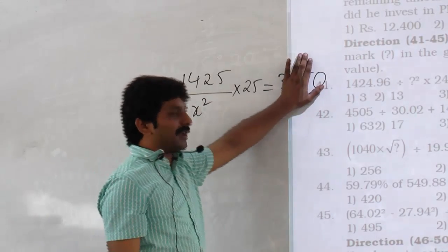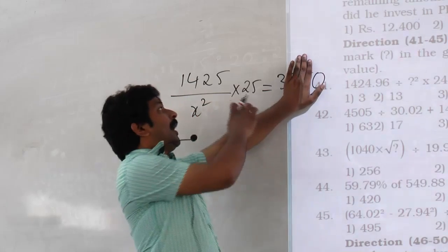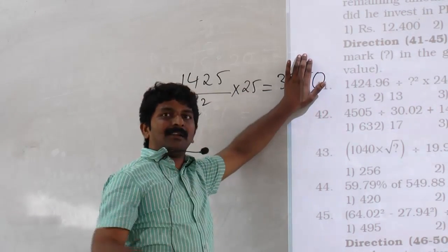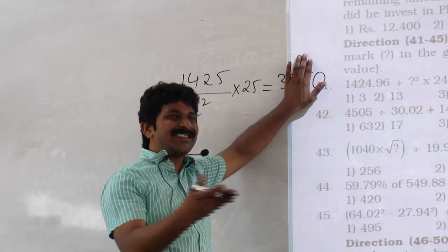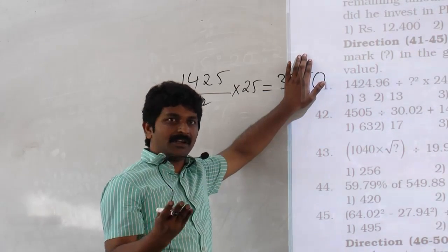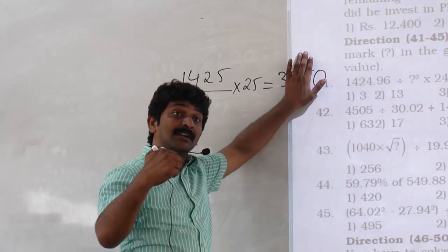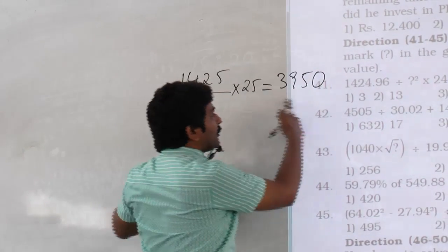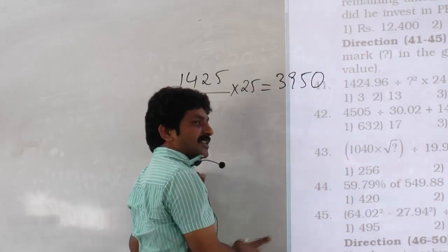For time being, let's make it 4000. How many 25s will be there in 1000? 40. In 2000? In 4000? 160.